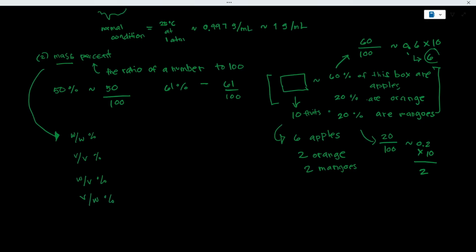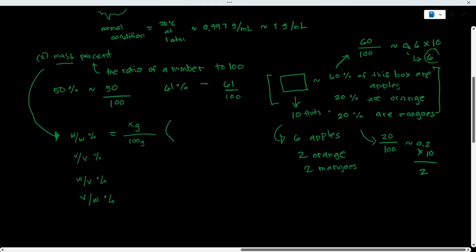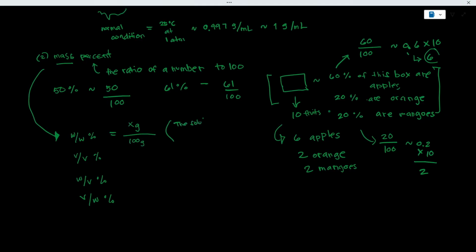When you say weight percent, this is just grams of a sample of a substance per 100 grams. For example, the solution is 20% HCl.